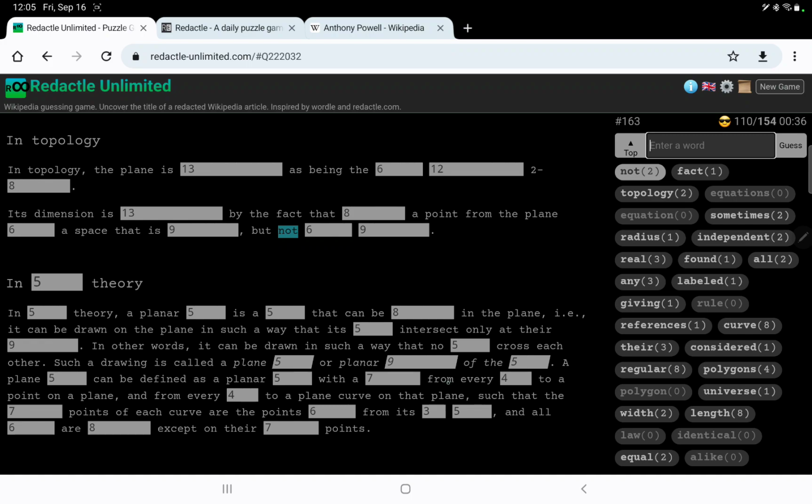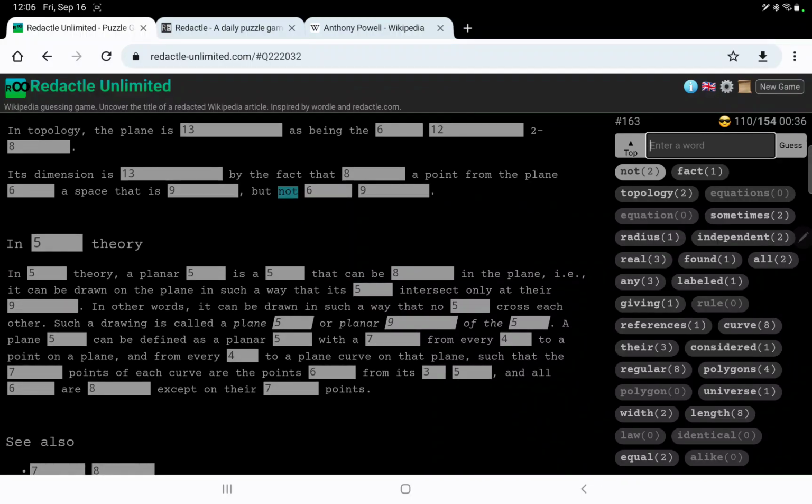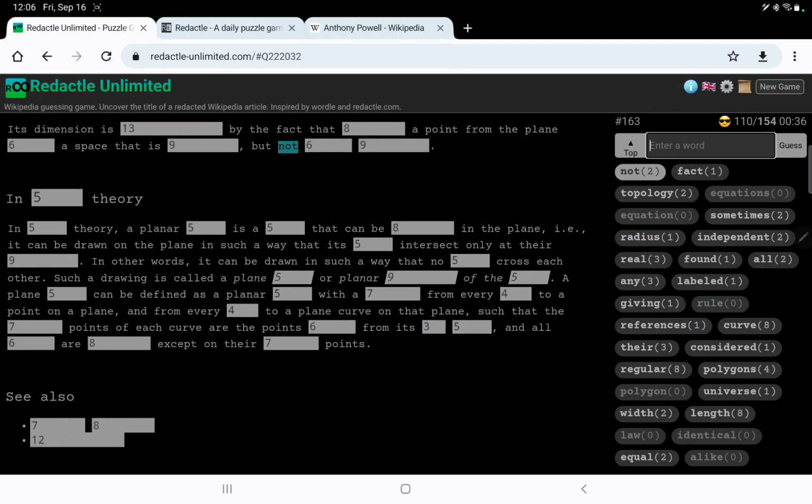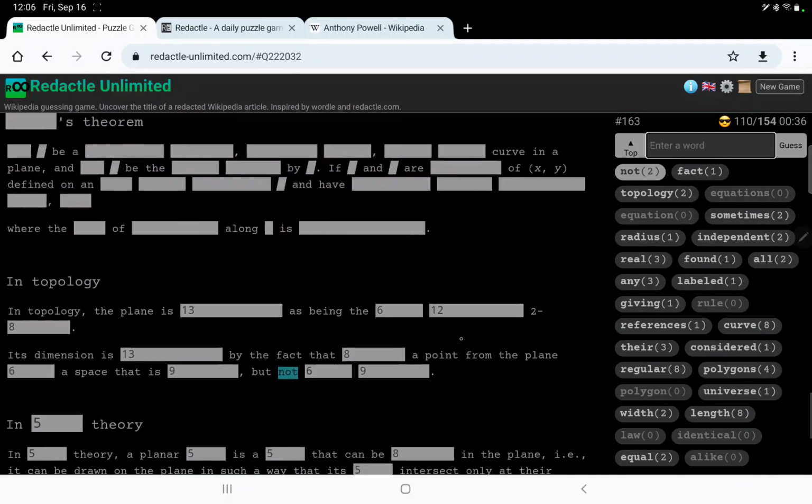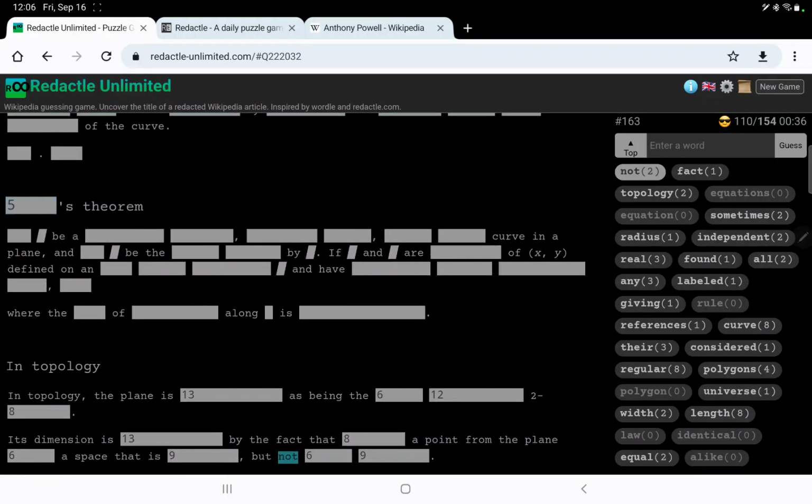Okay, and then what is this 5 theory? Not game theory, string theory, shape theory. Ooh, somebody's theorem. Here we go. Who's a mathematician with 5 letters?